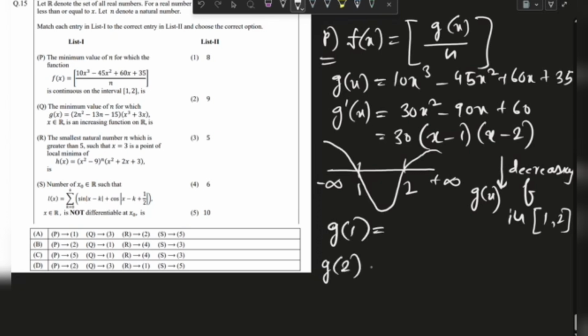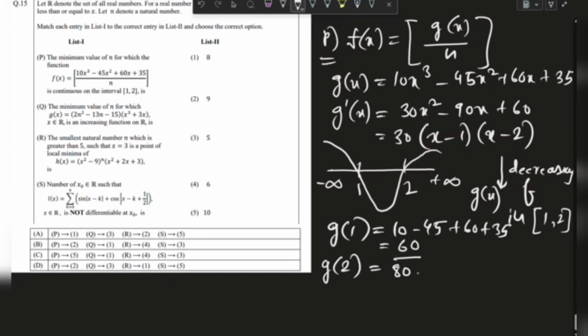So if we find out g of 1, it is 10 minus 45 plus 60 plus, I guess, 35. So this comes out to be, I guess, 70 minus 30. Okay, no, not 70. This comes out to be 60, yeah.